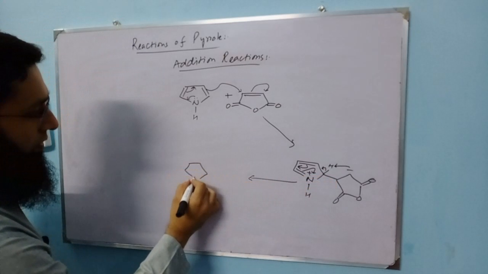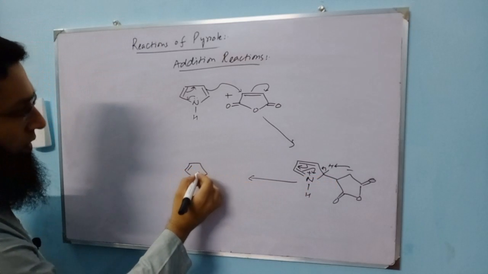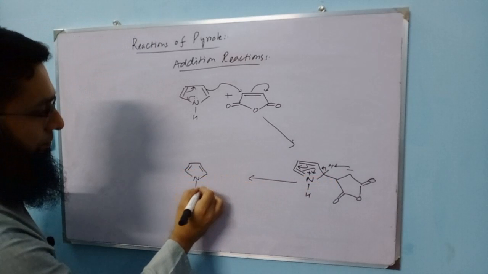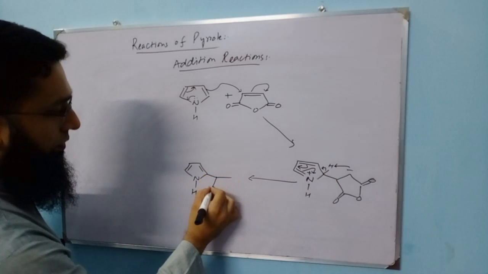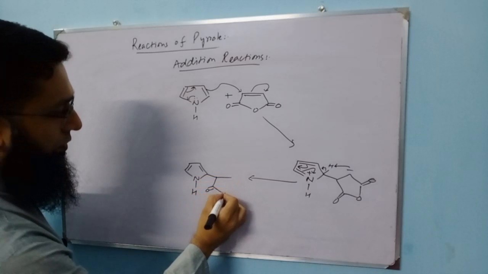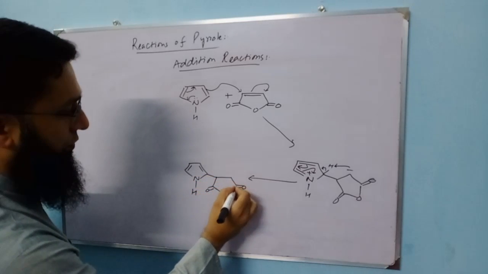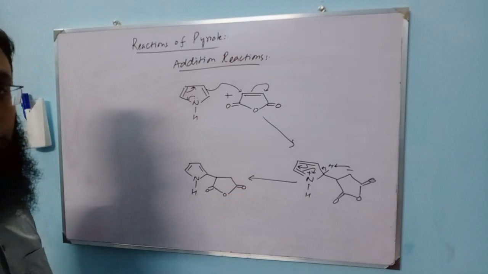So as a result, Michael addition of pyrrole to maleic anhydride takes place.